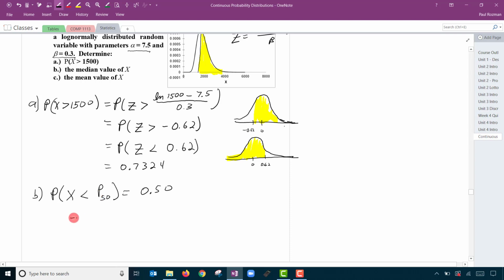Well, the z-score is the natural log of that value minus 7.5 over 0.3.